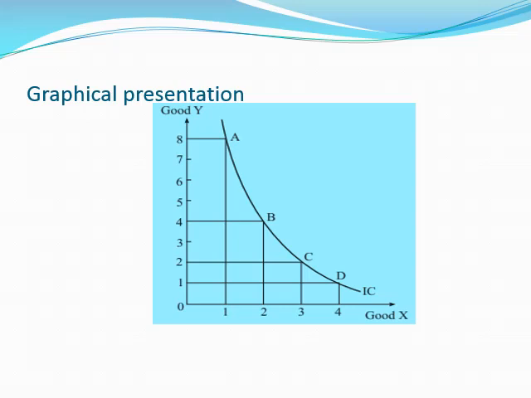Here also we would like to emphasize that each graph consists of only two goods, because the graph has two axes. So each axis represents only one good.